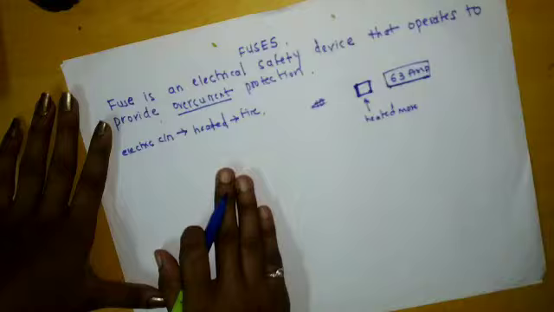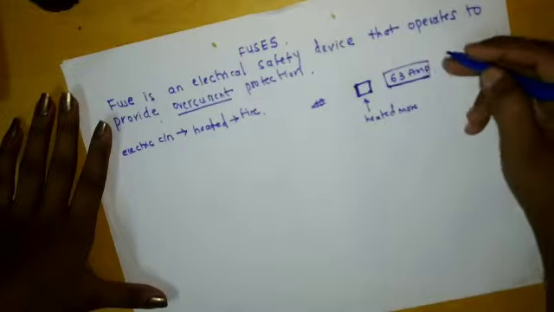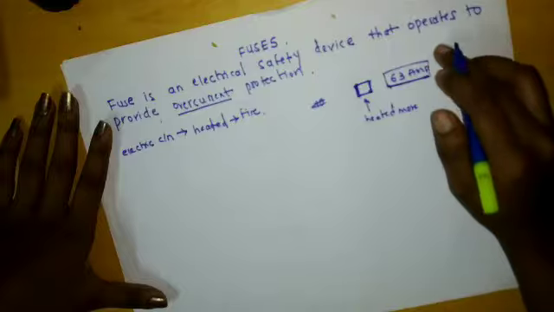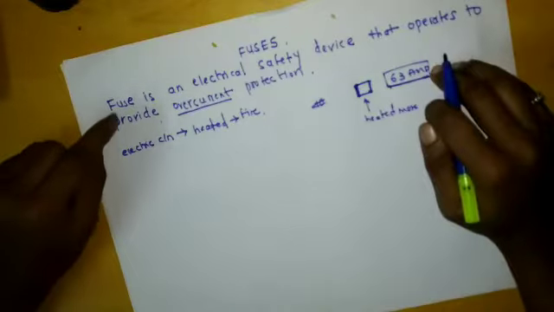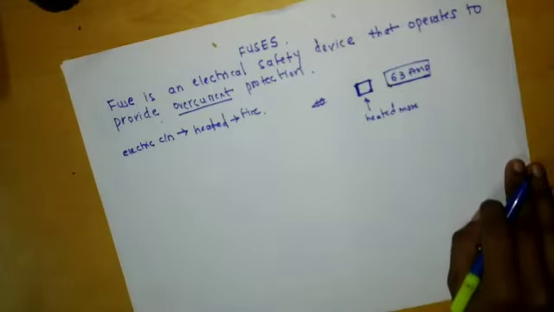But when the normal current exceeds that limit, the fuse will come into the picture. So we'll see what is the working of fuse and how it works.